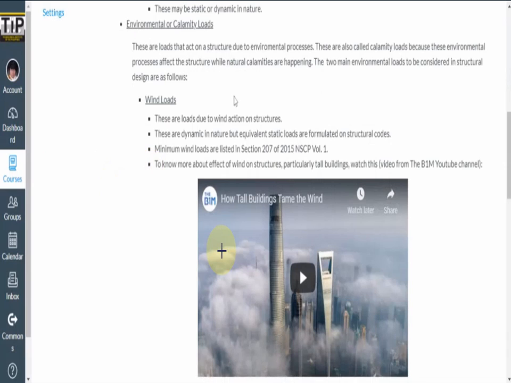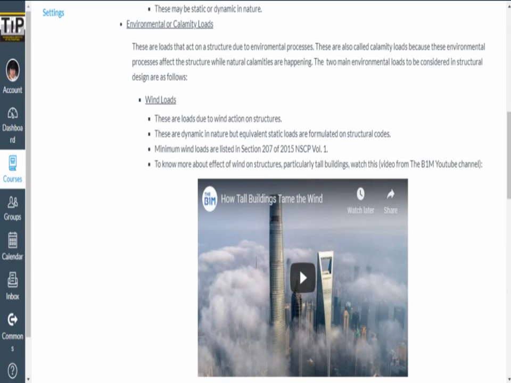First, we have the wind loads, due to wind action on a structure. These are actually dynamic in nature since the wind may change in speed or pressure. But as a simplification, we have equivalent static loads. Okay? So we convert the actual dynamic wind loads to static wind loads.